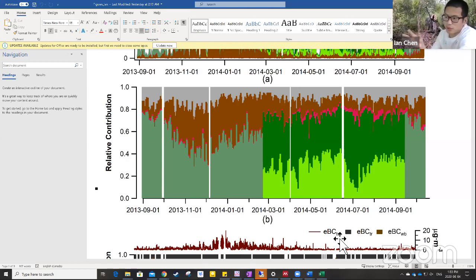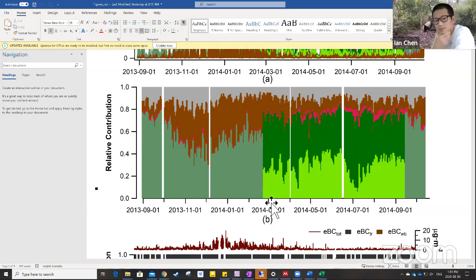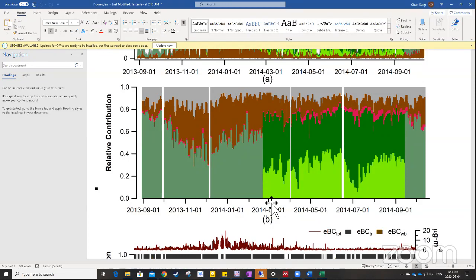In my plot, before March 1st, I have a 5-factor solution, but in your case before June 1st, do you also have 3-factor solutions? No. Because I constrain it, it's always 4 factors before June.